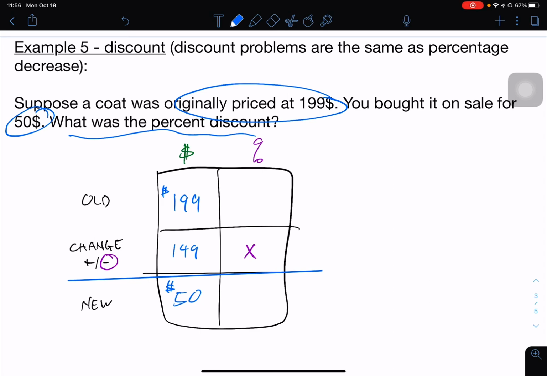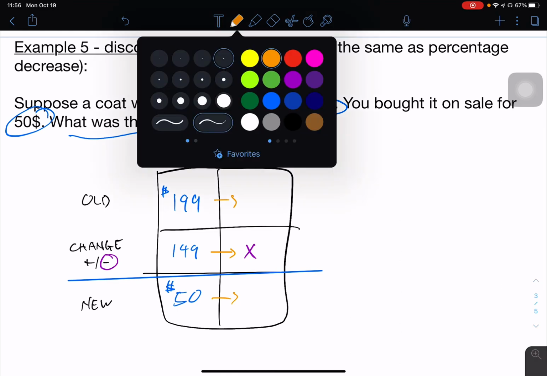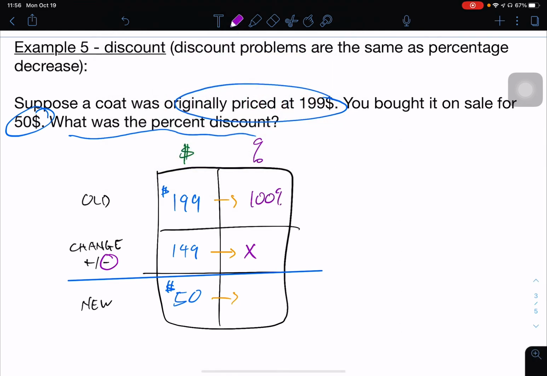So you can see here that we have 4 pieces of information, but not everyone has a neighbor. What I mean by that is, remember these two we're going to use. Those are neighbors. But you can see that $50 doesn't have a percentage and $199 doesn't have a percentage, right? Well, it turns out that you can always put 100 here when it's the base cost. Remember, 199 was the base cost of it.